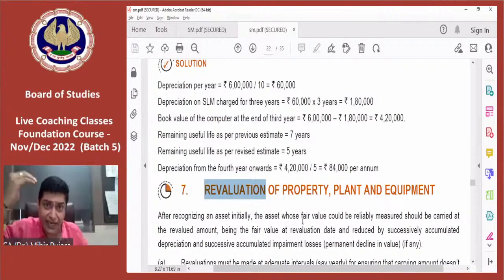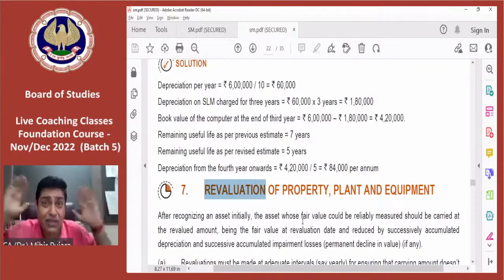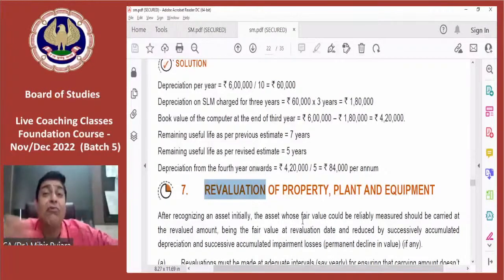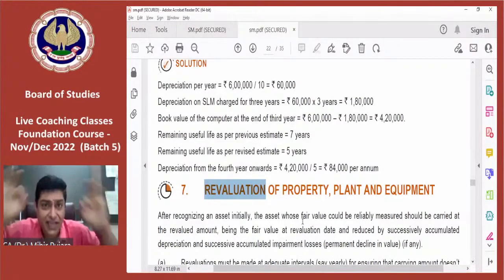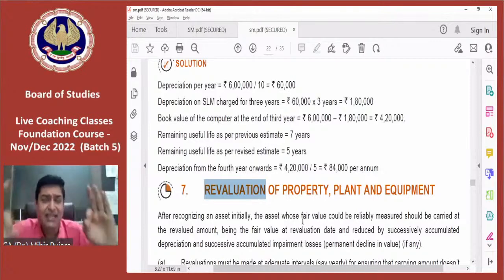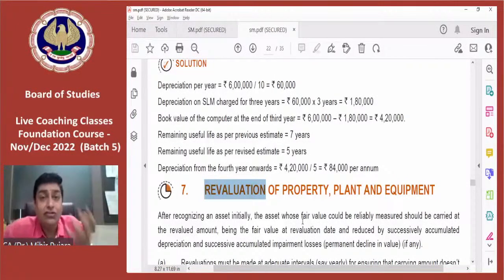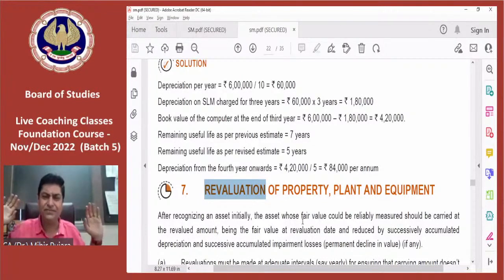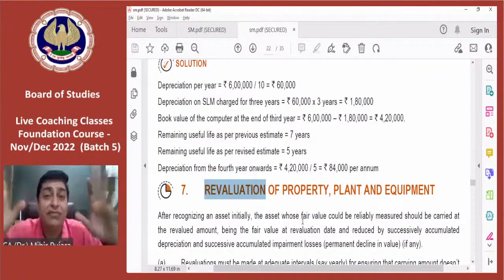So 10,000 into 6 is 60,000 depreciation already provided. So my closing balance as on this date after 6 years is 1 lakh minus 60,000, that is 40,000. My closing balance is 40,000.